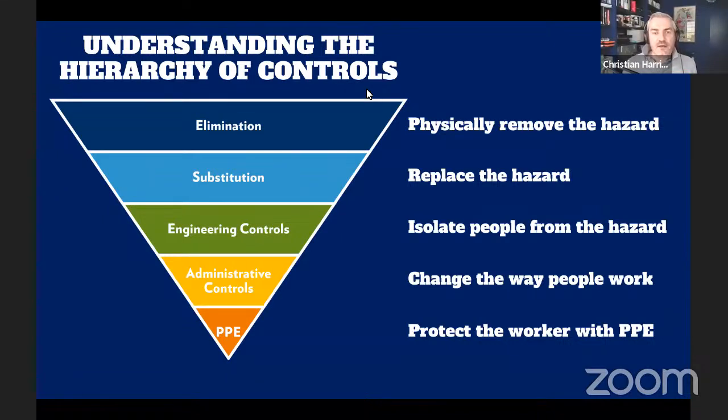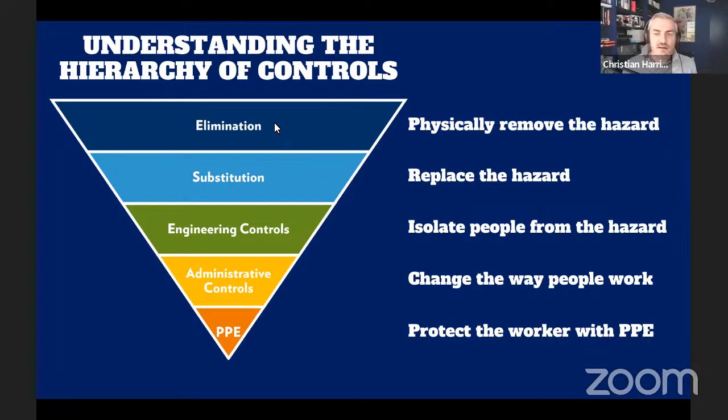So let's just start with an overview of the hierarchy of controls, just to set the scene here. There are 5 stages in the hierarchy: elimination, substitution, engineering controls, administrative controls, and PPE. The concept is that whenever we're looking at the potential for physical harm, we should work our way through the hierarchy, starting at the top and ending at the bottom.